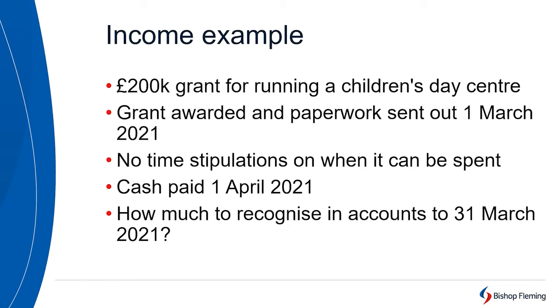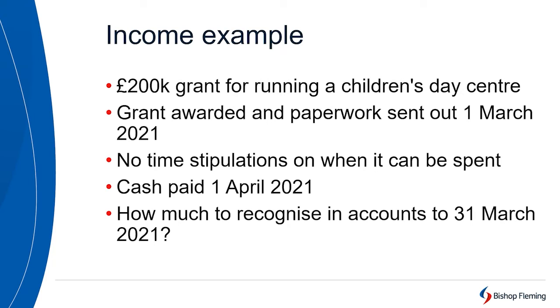And the final one: can we measure the amount? Well, yes, we can measure the amount. It's a set amount. It's set in stone. So what we're going to do there is recognise all of that income in the 31st of March 2021 year end. But that does make your accounts look a little bit odd, as I said. So we're going to have one year with a lot of income in.